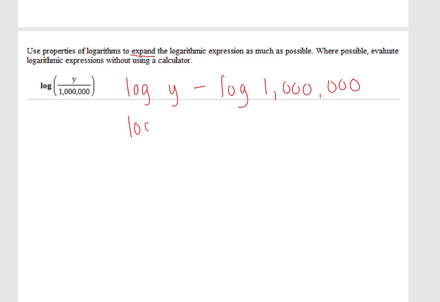If I was just doing it by hand, I'd ask myself, 1 million is 10 to what power? A little trick here is you can count the number of zeros. Now this only works with powers of 10, but 1, 2, 3, 4, 5, 6. So I'm like, okay, 10 to the 6th power. And so it would just be log y minus the 6, because that's what the common log of 1 million simplified to.